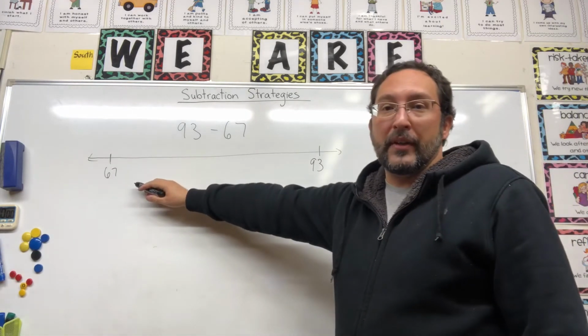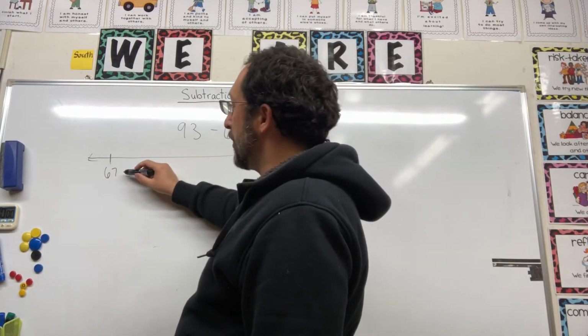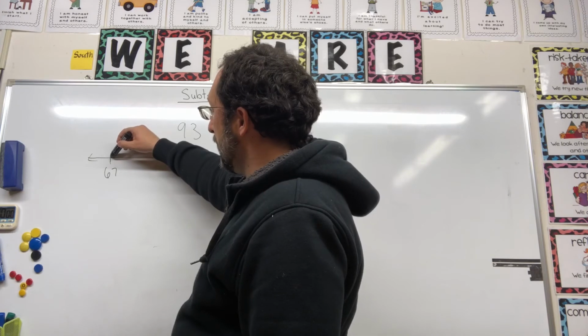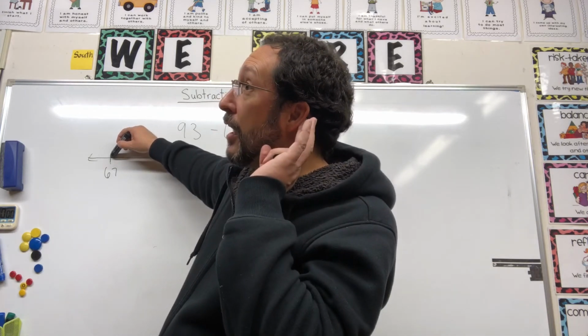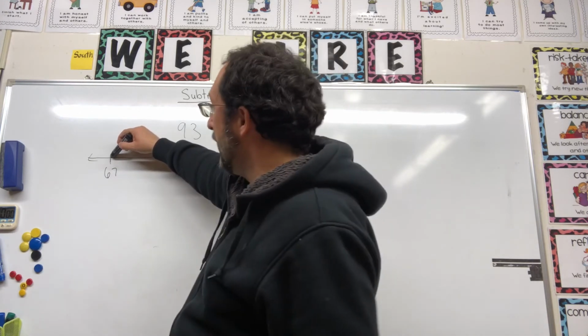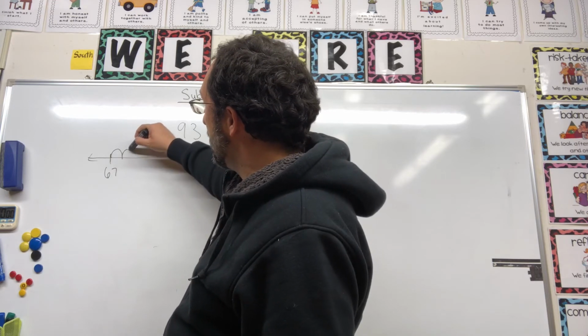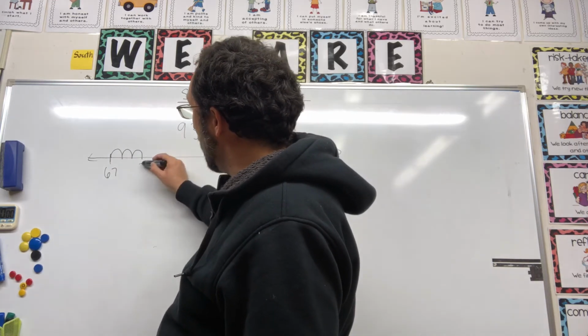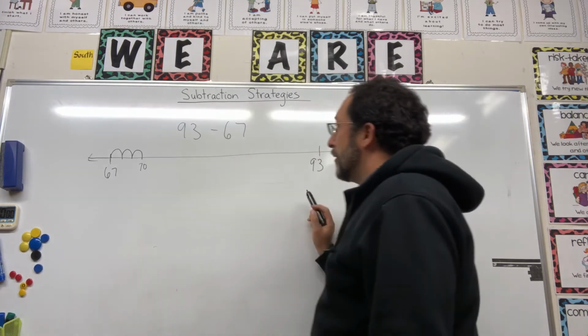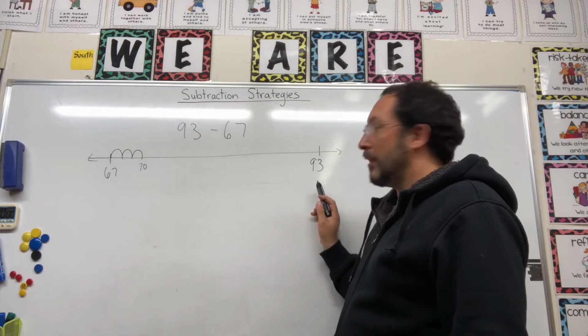Starting at our small number, I want to go to the next 10, which is, let me hear you say it, 70, right? So 67, 68, 69, 70, let's mark that there, 70. Then we're going to go up to here.